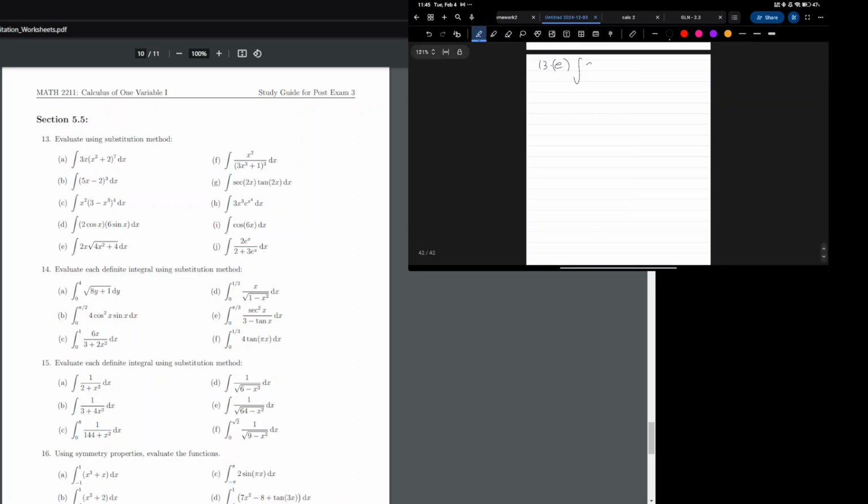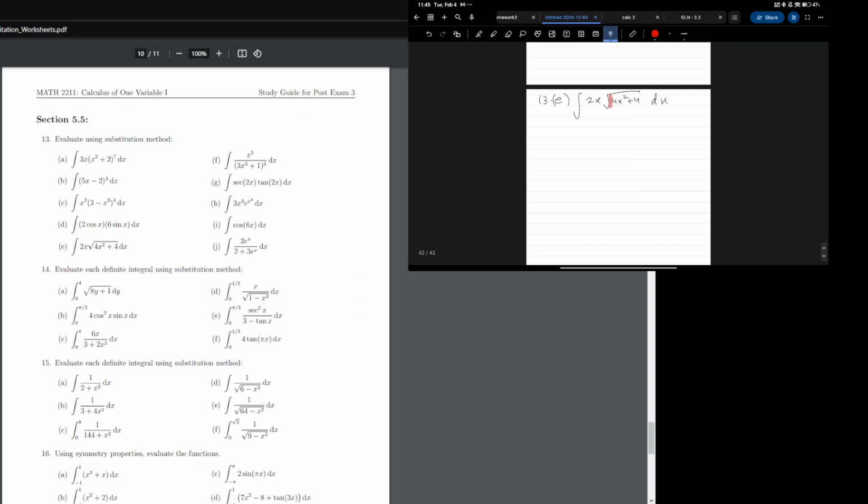So now we have 2x square root of 4x squared plus 4 dx. Give me just one second. Okay. Now, what's the most apparent thing to take the substitution of?